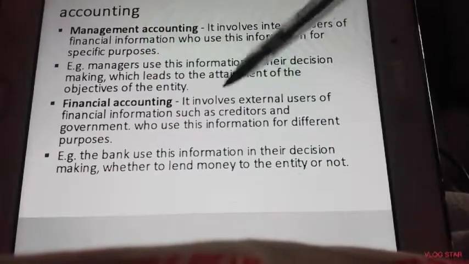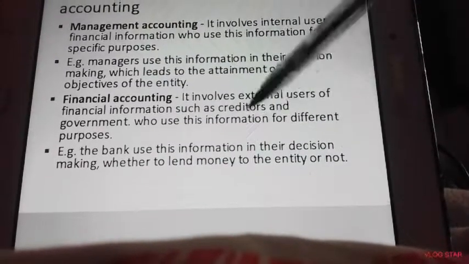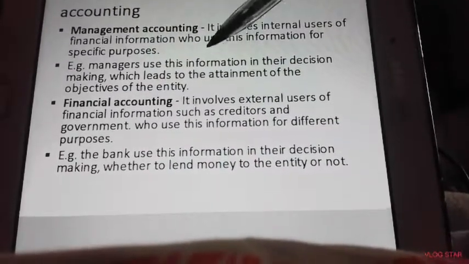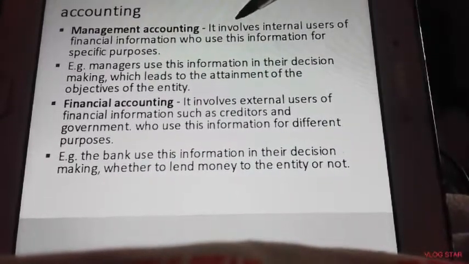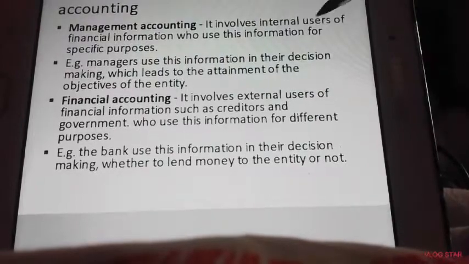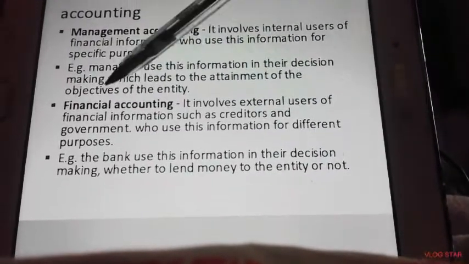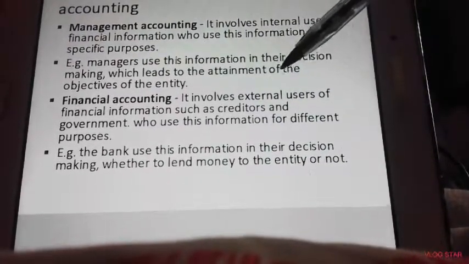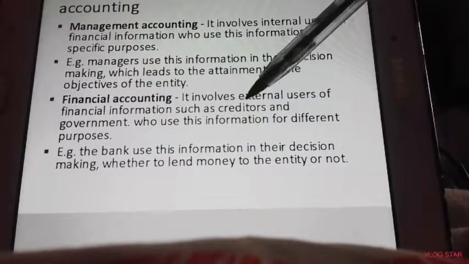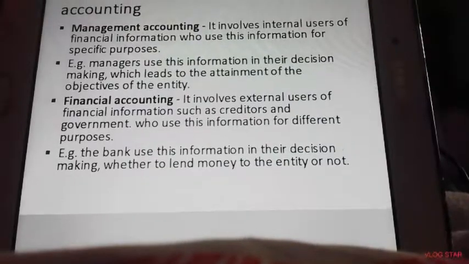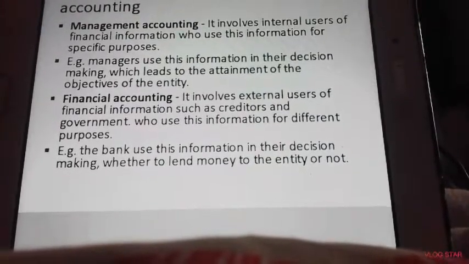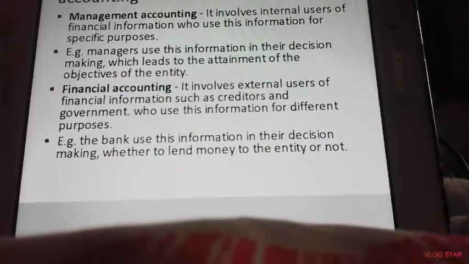This is just a very brief difference between management accounting and financial accounting. Management accounting has to do with internal uses of financial information, and financial accounting has to do with external uses of financial information.